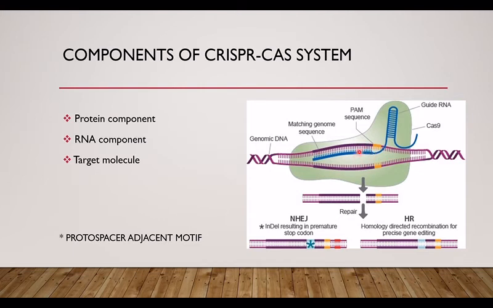Right next to the target DNA, where the guide RNA didn't bind, starts the PAM sequence, which is a series of nucleotides, and it has its own significance. I will be telling that later in the video. PAM stands for protospacer adjacent motif, and all those things I will be explaining in the video next.